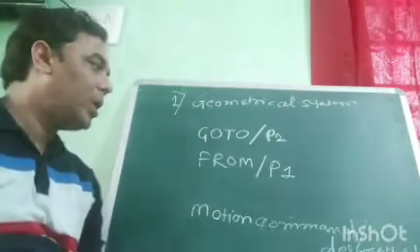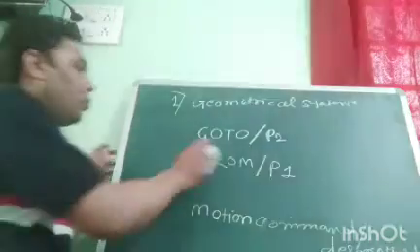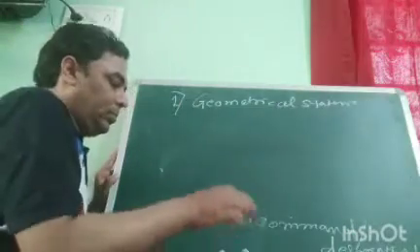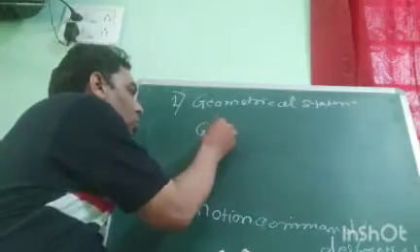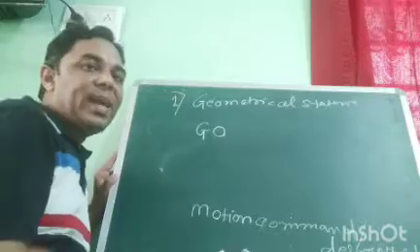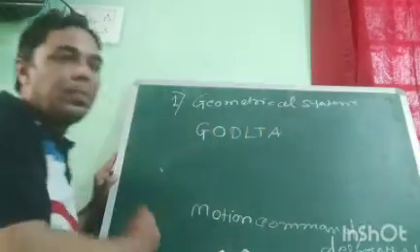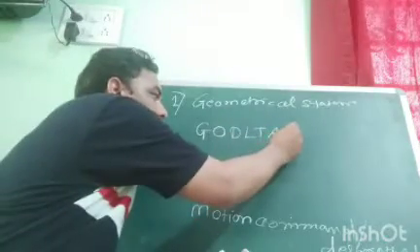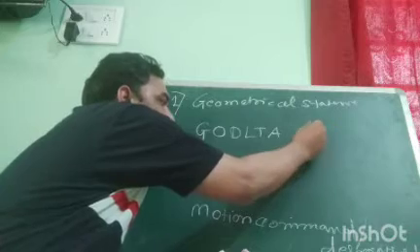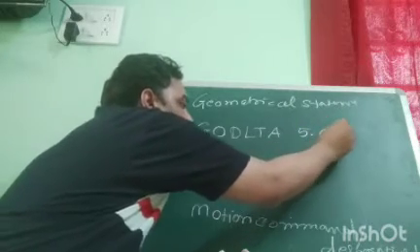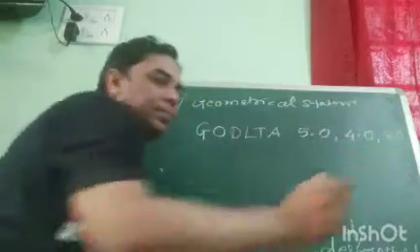To define a particular path for the motion of a tool, we write GODLTA, where we mention the point location with the x, y and z coordinates 5.0, 4.0 and 3.0, like this.